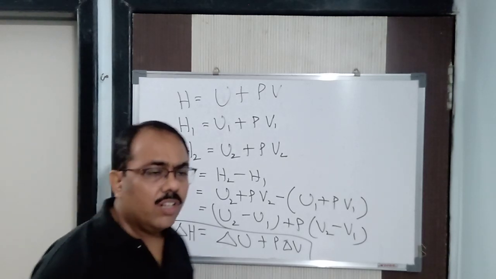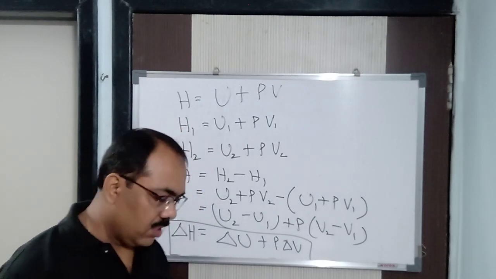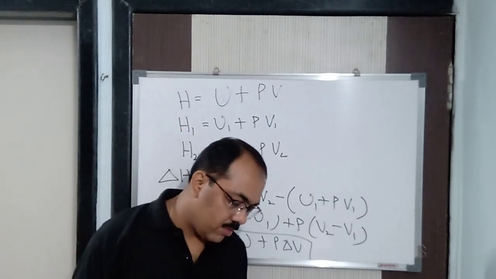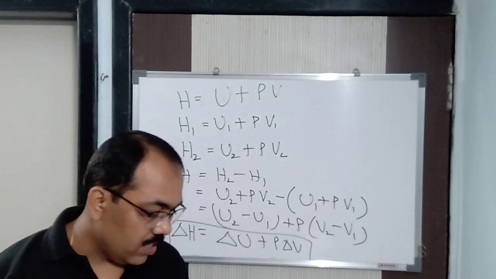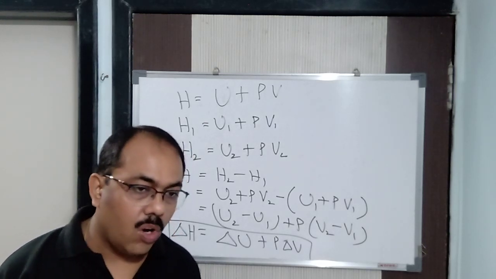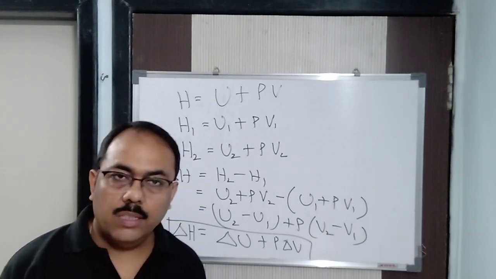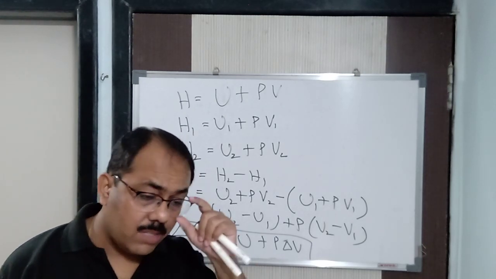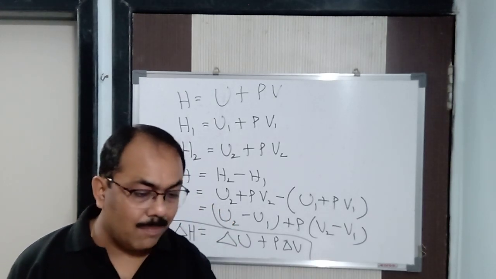Now one more thing I want to tell you here: if the work is done in a cyclic process, got it? In a cyclic process, when the system returns to its original state after a number of changes, then delta U or delta H is equal to 0. Cyclic means when the system returns to its original state after a number of steps.